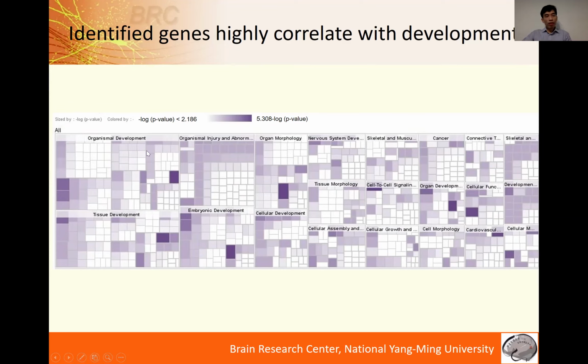You can see development of the embryos, cellular development, nervous system development, and it is not associated with other things, for example cardiovascular development disease, cell morphology or connective tissues. So our screening paradigm really can identify potentially new genes involved in this developmental process.